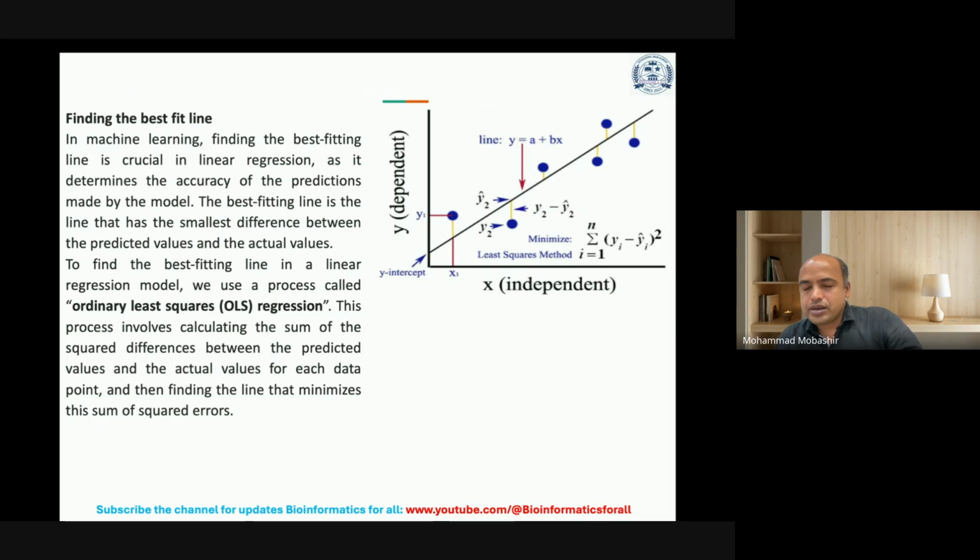To find the best fitting line in a linear regression model, in general, OLS or ordinary least squares regression is used. This process involves calculating the sum of the squared differences between the predicted values and the actual values for each data point and then finding the line that minimizes the sum of squared errors.